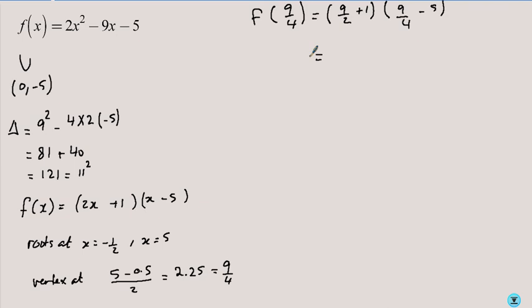And mentally, the 1 is 2 over 2, so this is 11 over 2, times the 5 is 20 over 4, 9 minus 20 is negative 11 over 4, and this gives us negative 121 over 8.